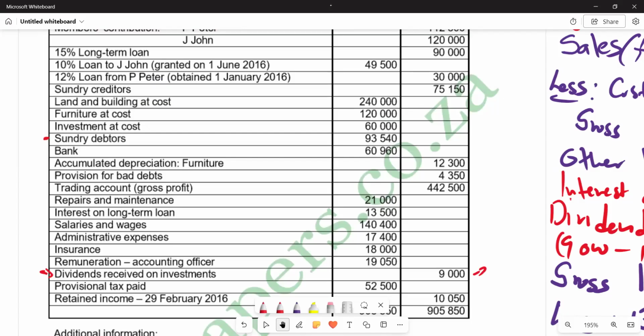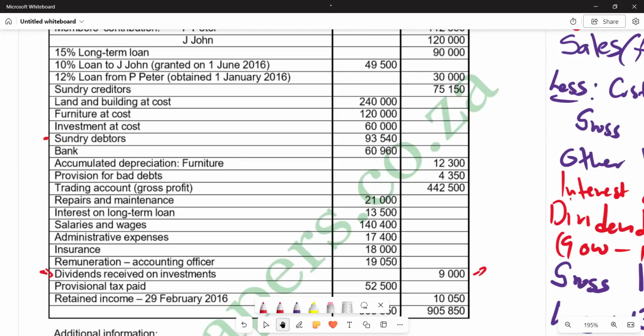You're going to get 13,500. So our interest is 13,500, which we are supposed to subtract there as our interest expense. And then we are subtracting it.